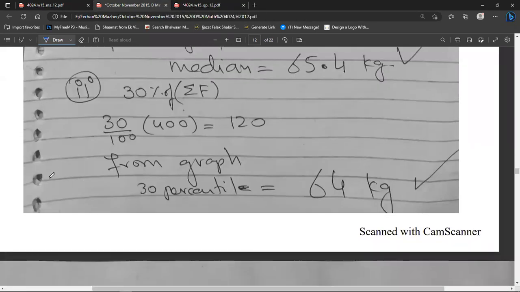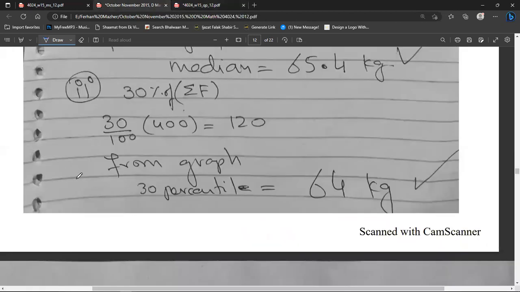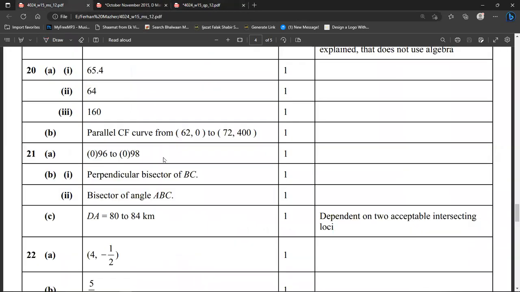So 30% of 400 is 120. From the graph, I will check where 120 is. From here I will go to my graph, and this answer is 64. I think 64 kg is the right answer, sir. So the 30th percentile is 64 kg.